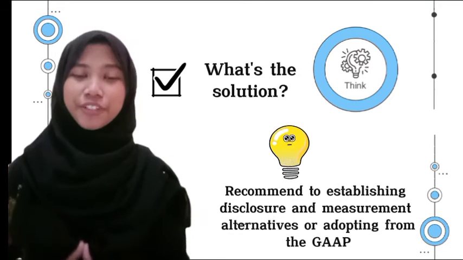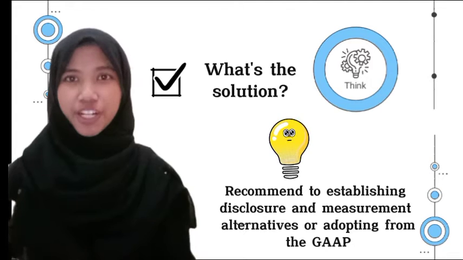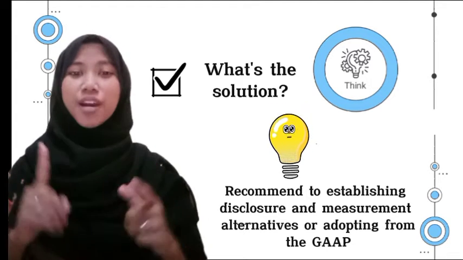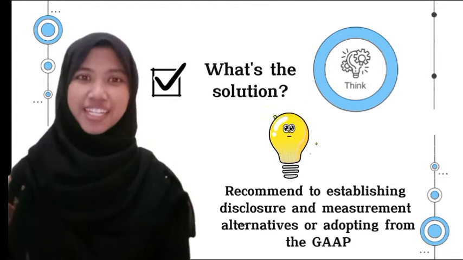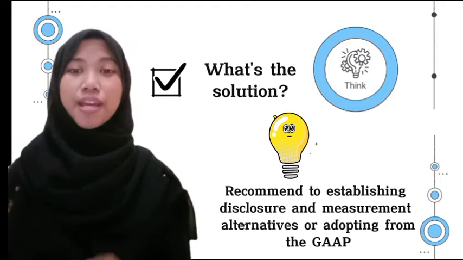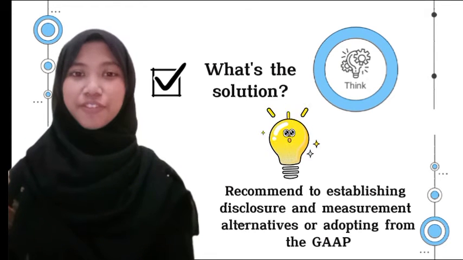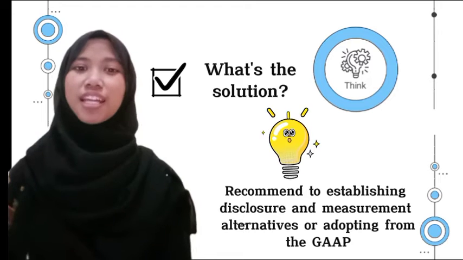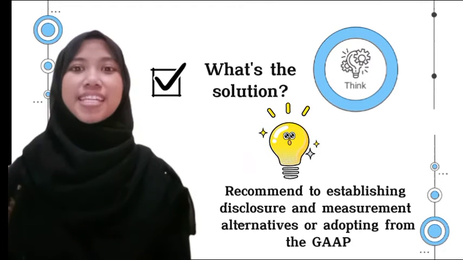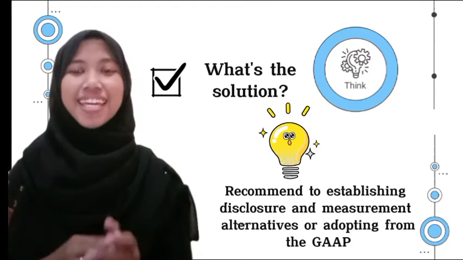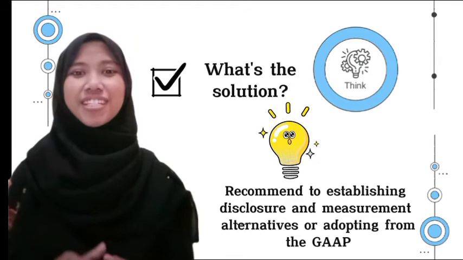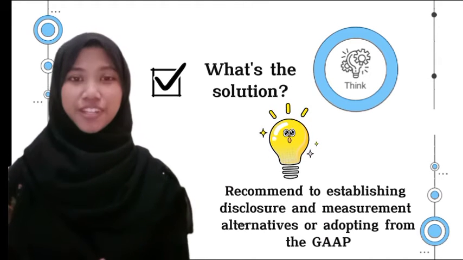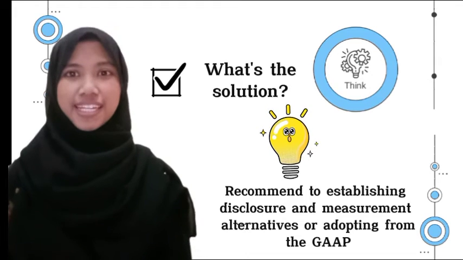From the several choices I have mentioned, there is one recommended solution for the excessive accounting standard: using different alternative disclosure and measurement for small non-public entities. This is due to the consideration of user relevance and of cost benefits for small non-public entities.